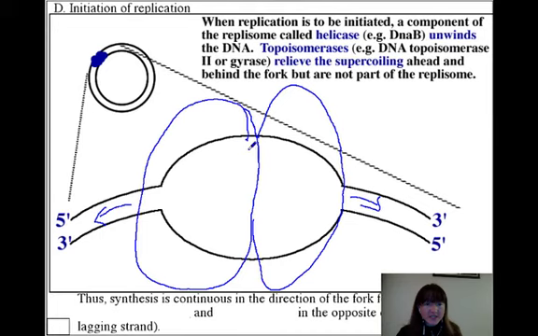This replisome here is making one strand like this that is synthesized anti-parallel to the existing strand, and it's making another strand like this that's anti-parallel to this strand. And with the progress of this fork, that replication bubble gets larger and larger.